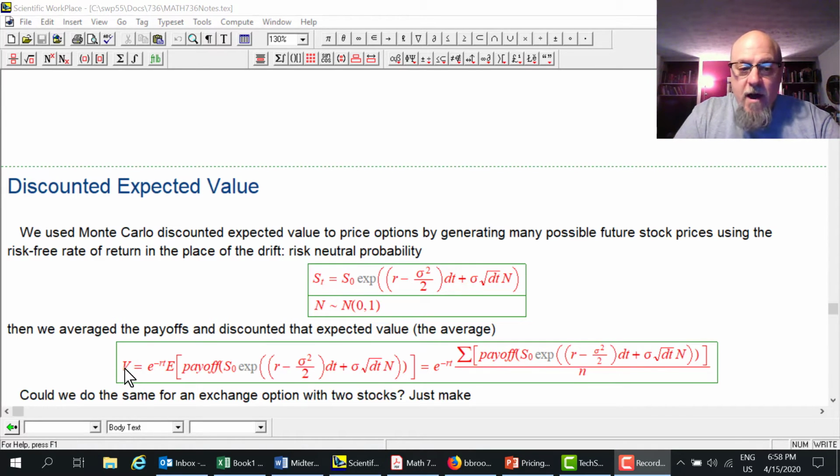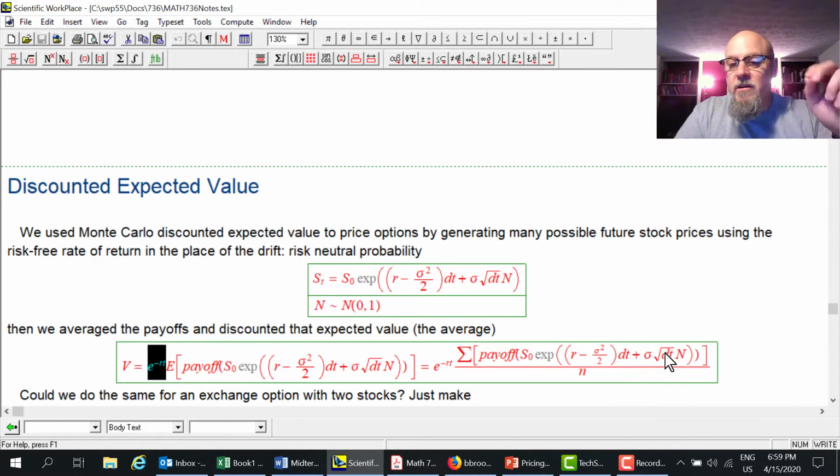So the value of our option was equal to the discounted expected payoff, where we just take the average. By expected value, I mean the sum of, say, 1,000 different samples divided by 1,000, and then discount it, e to the minus RT, time value of money.